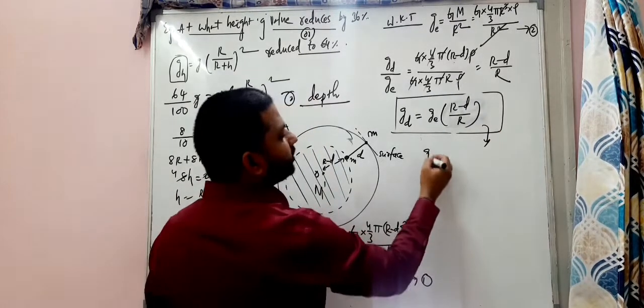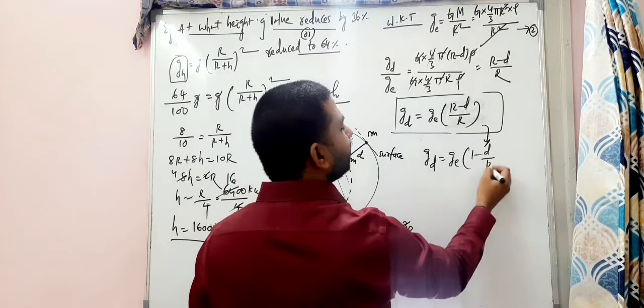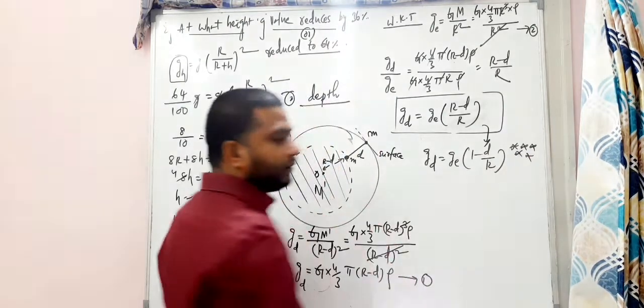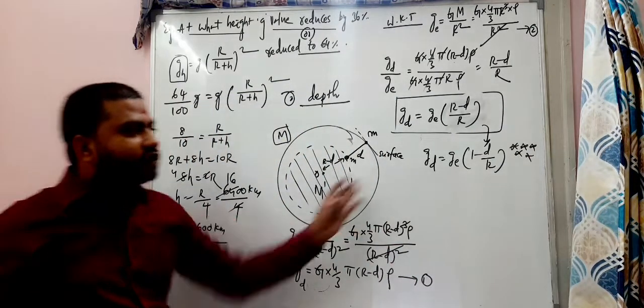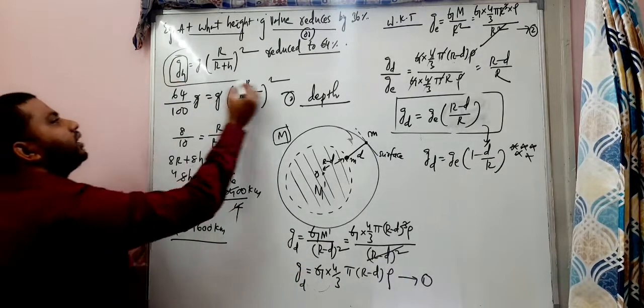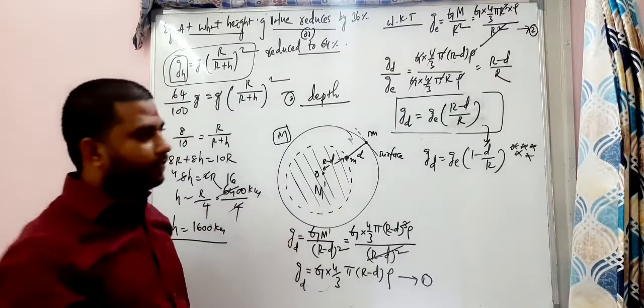Here g suffix d is equal to g_e into 1 minus D by R. This is the 5th equation. Previous one was acceleration due to gravity at some height. So this is the 5-star equation, acceleration due to gravity at some depth.